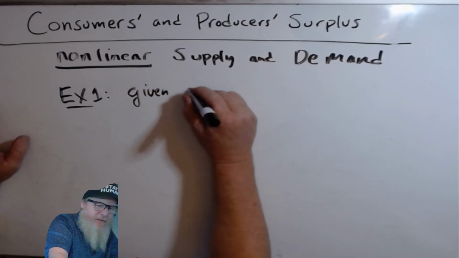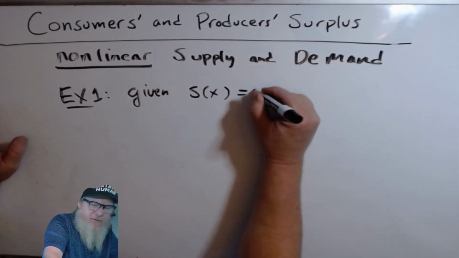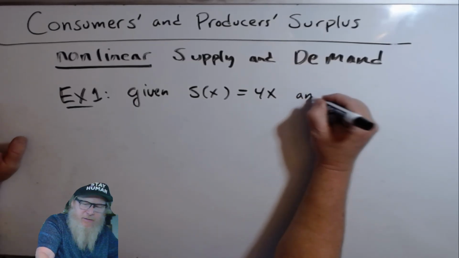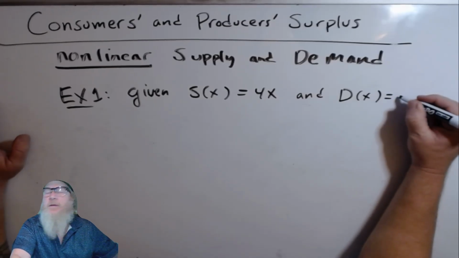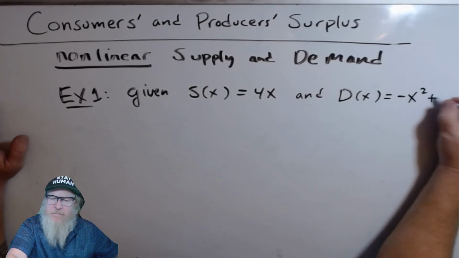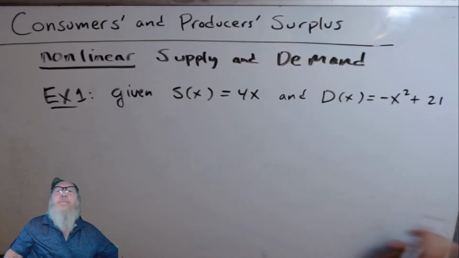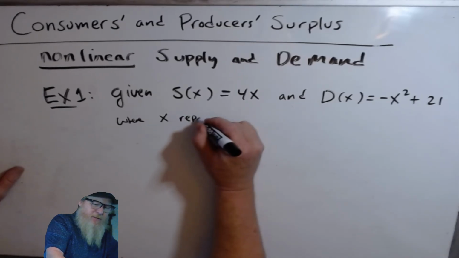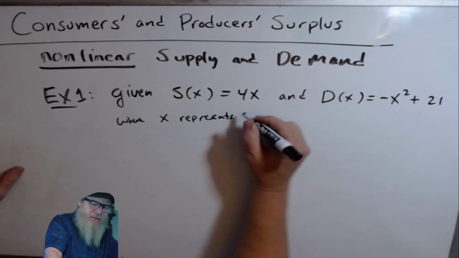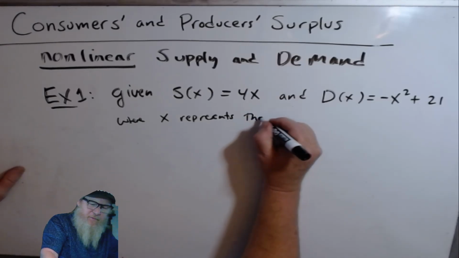Suppose you're given a supply function and a demand function, where x represents thousands of units.